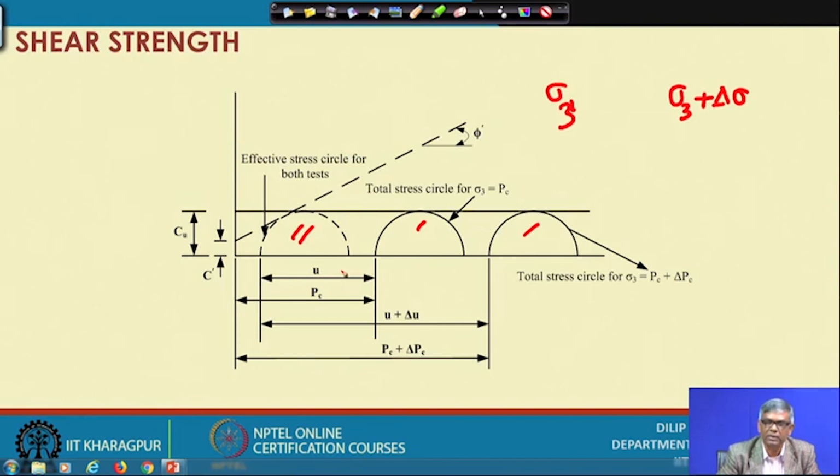It may be partially saturated, or there may be some fissures and other things present. Because of that we get some value of phi. But otherwise, in an undrained triaxial test on a saturated soil, you are supposed to get only the C value like this, which will be equal to half of sigma 1 minus sigma 3.